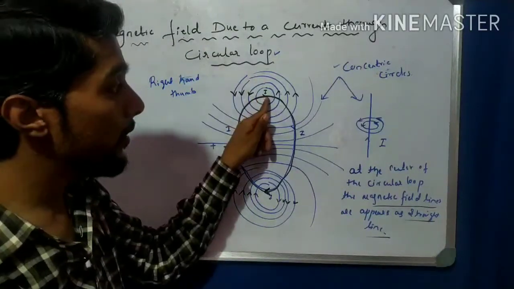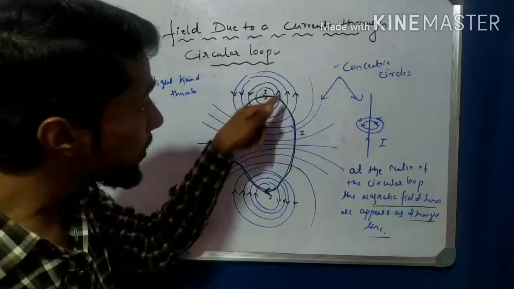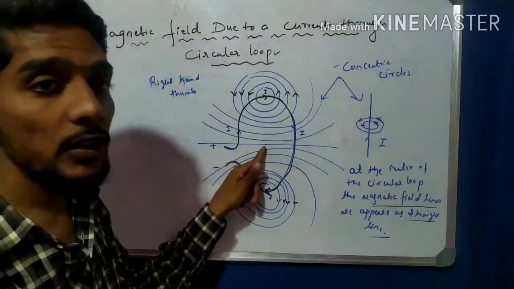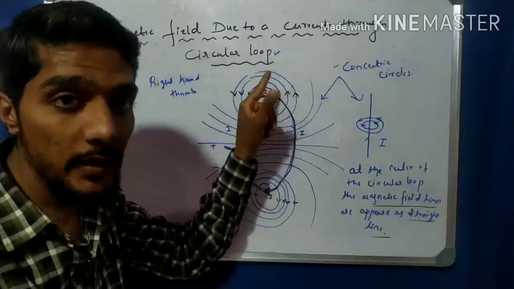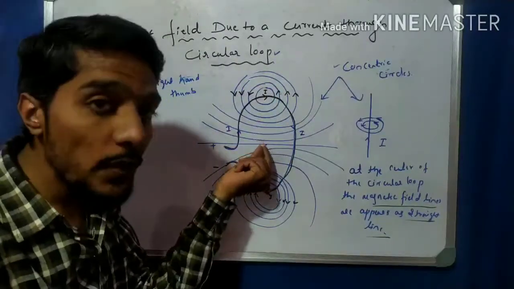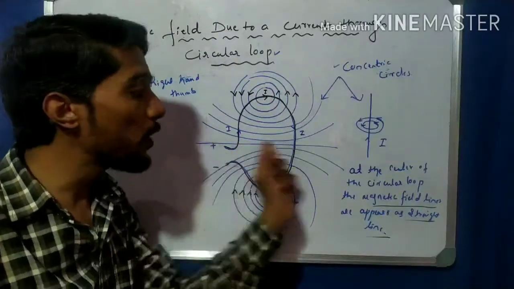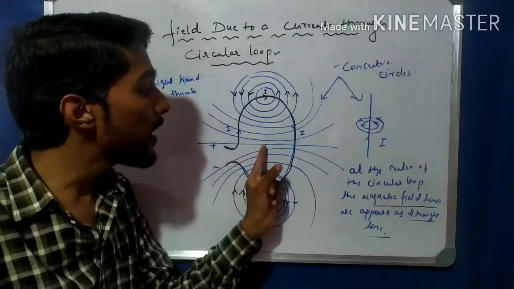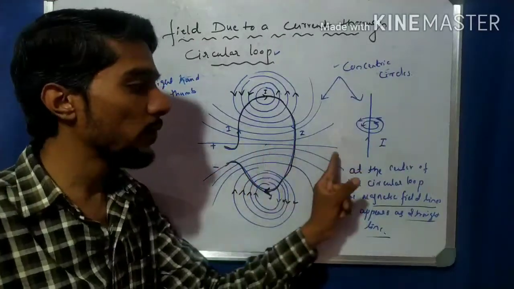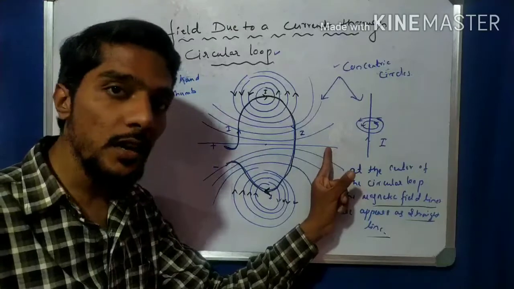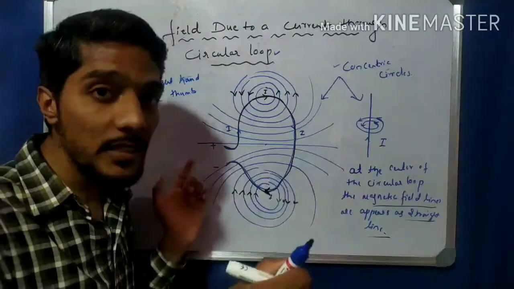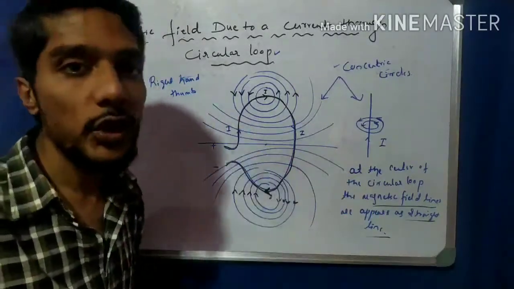At the center of the circular loop, the circle size increases even more, so big that the arc of the circle appears to be a straight line. So at the center of a loop, the magnetic field is actually circular, but because of the increase in size, the arc looks like a straight conductor.